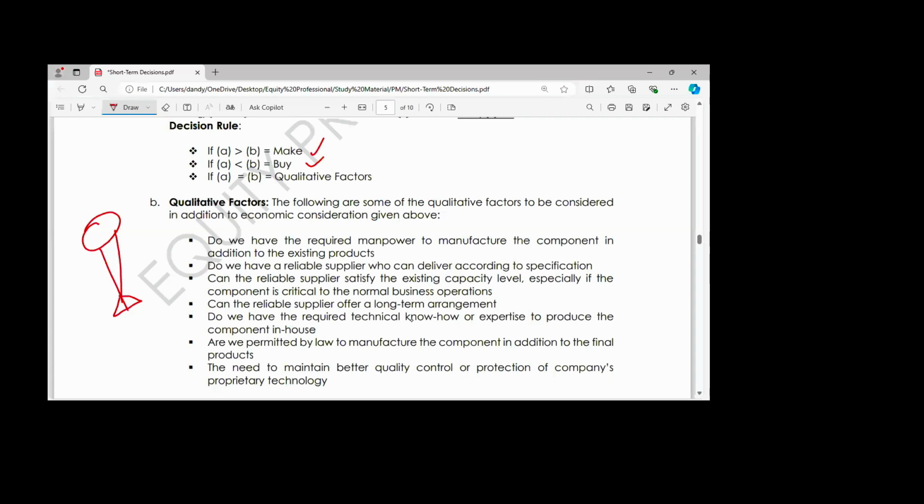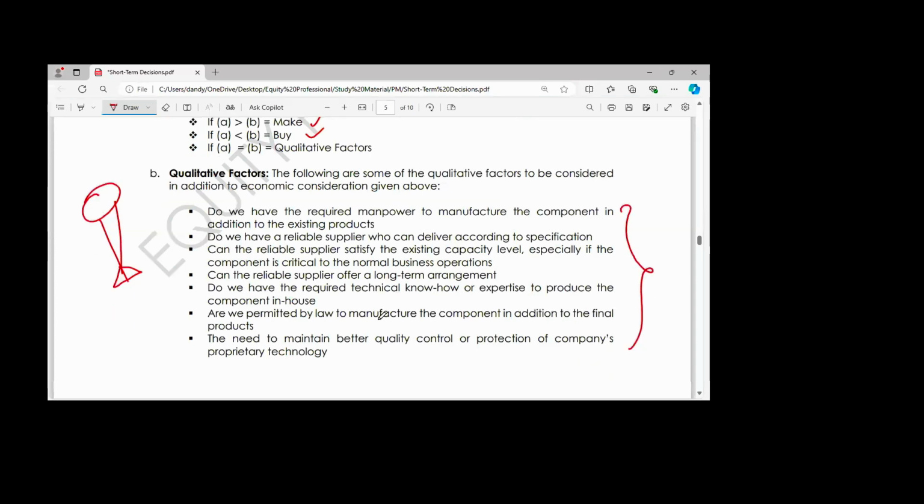They know how it is in the market. Now, if you decide to contract to an outside supplier, what the supplier will produce should not be materially different from what customers are already used to. Because once there's a change in taste and preference, that may result in loss of revenue for the company. So these are the factors you need to take into consideration in relation to the make or buy decision.